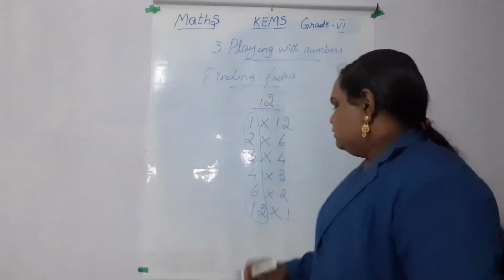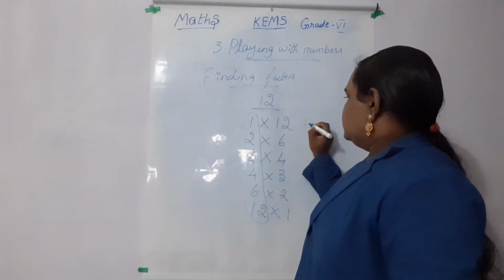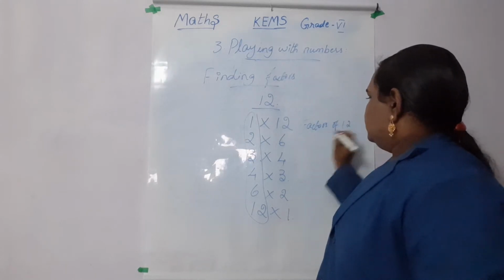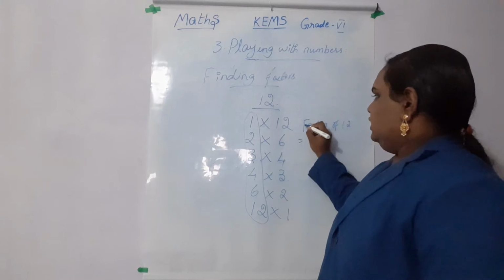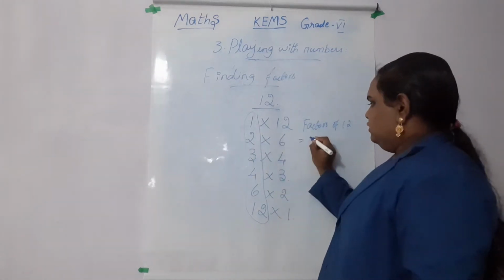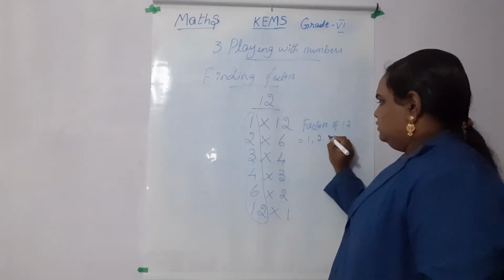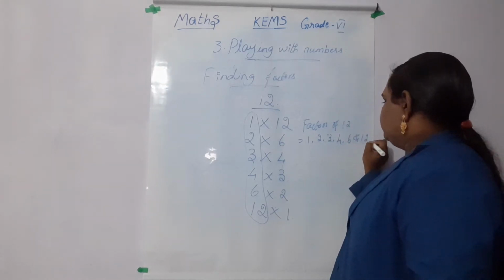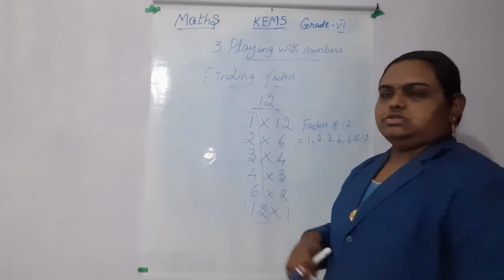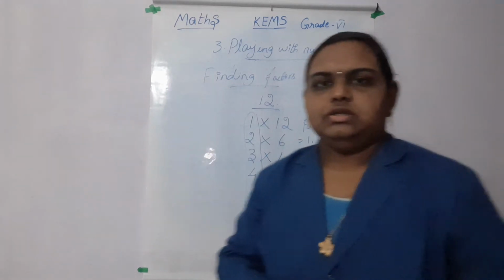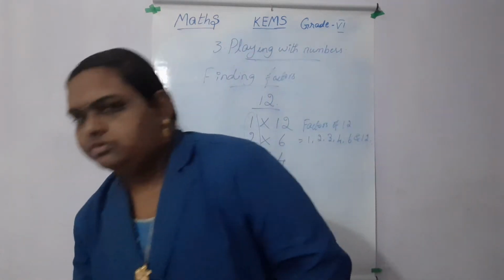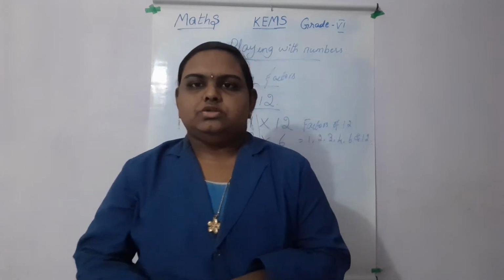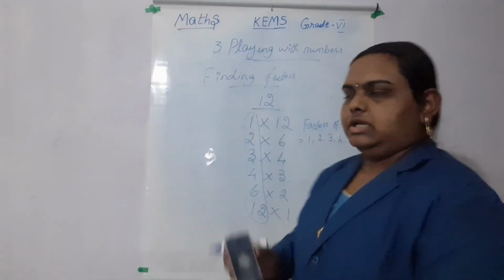We have to just write factors of 12 is equal to 1, 2, 3, 4, 6 and 12. This is how we have to find the factors. This is the method to find the factors of a number.